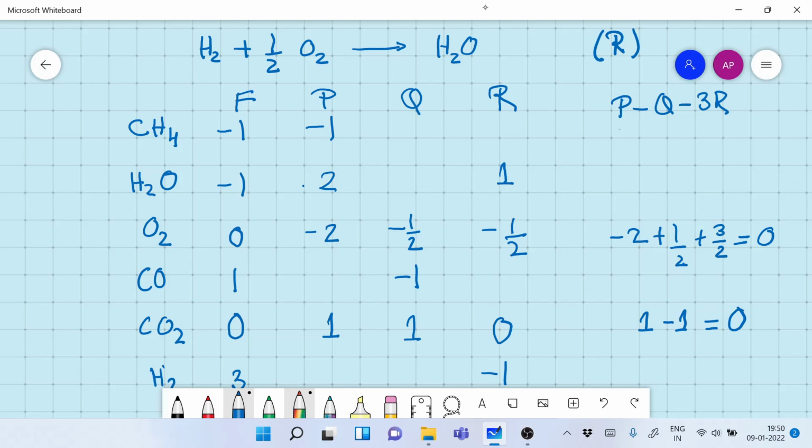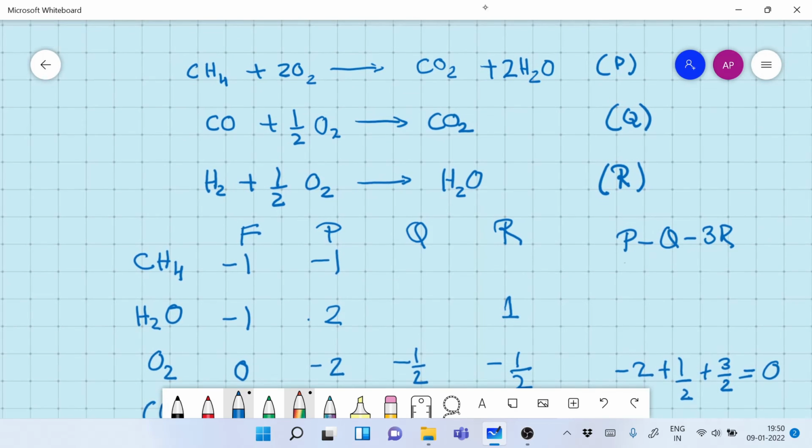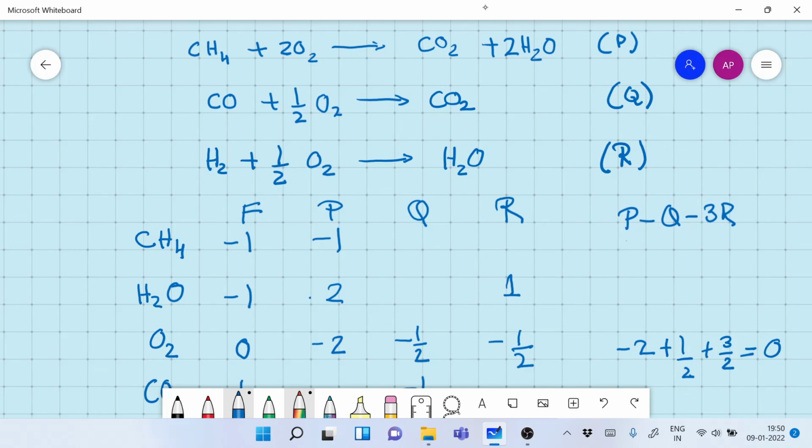Let's do a further confirmation. So let's take up methane. Well, for methane, it does apply, F is equal to minus of P. Yes, because what we have is -1 is equal to -1. So it applies.